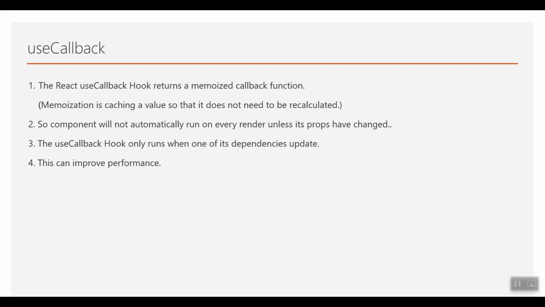It will return whatever it has if its dependency is not yet updated. So the component will not automatically re-run on every render unless its props have changed, and the useCallback hook only runs when one of its dependencies updates. This can improve the performance.